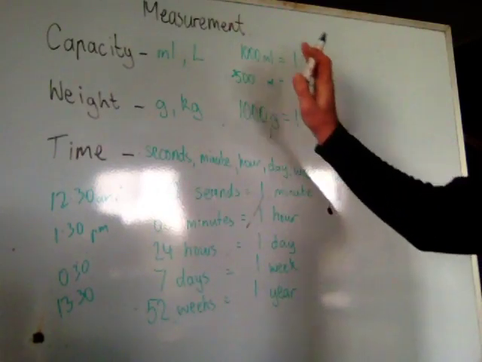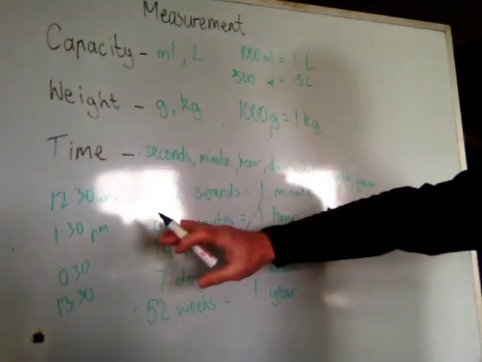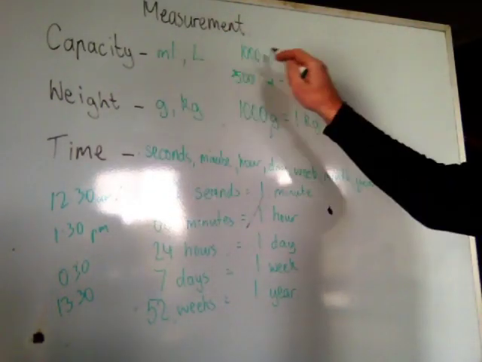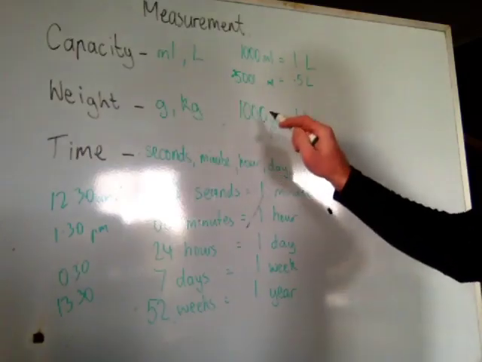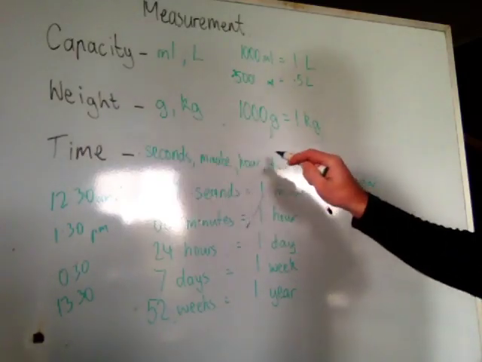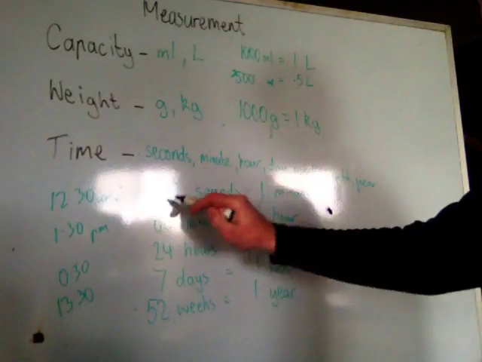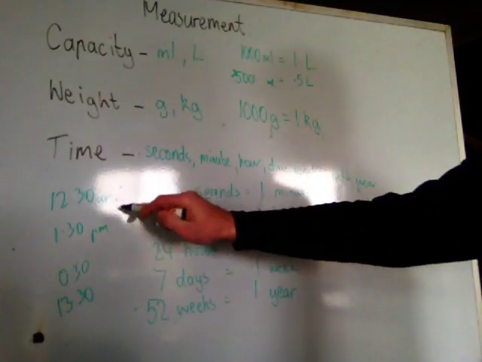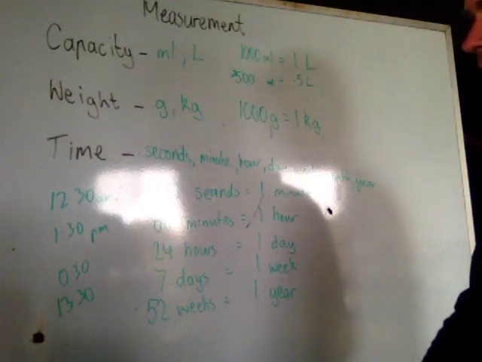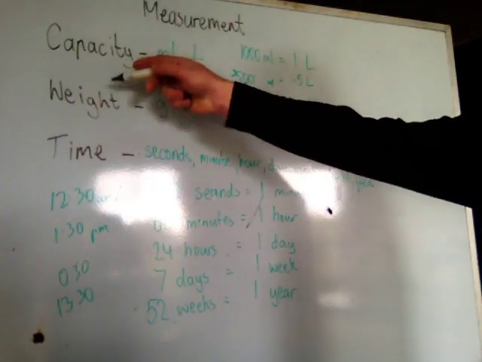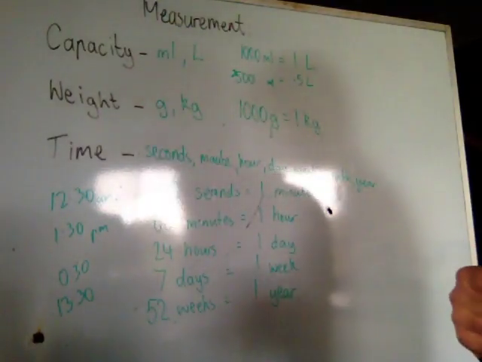Okay, but as long as you know all about this, so you know about the millilitres and the litres and what you need to convert, if you know about the grams and kilograms, what you need to convert, if you know about seconds, minute, hour, day, week, month, year, and how it converts, as well as AM, PM, and possibly 24-hour time, all the tasks that we do should be relatively simple for you. So hopefully you enjoy this week's learning on measurement, and by the end of it, hopefully you've got a really good understanding on capacity, weight, and time. Thank you.